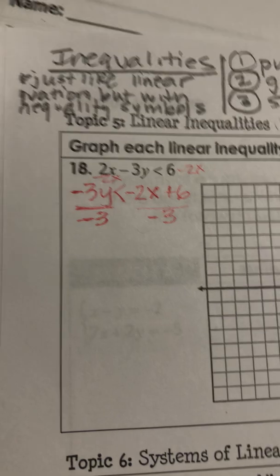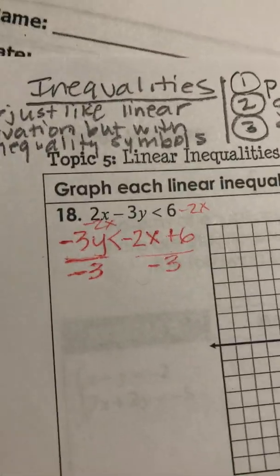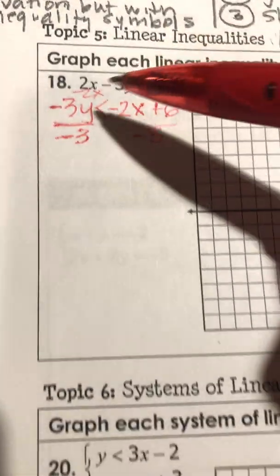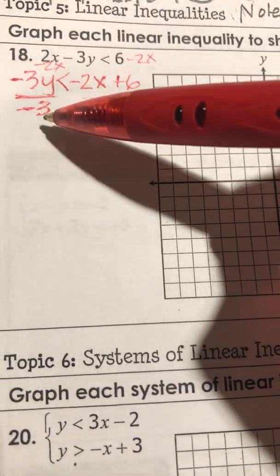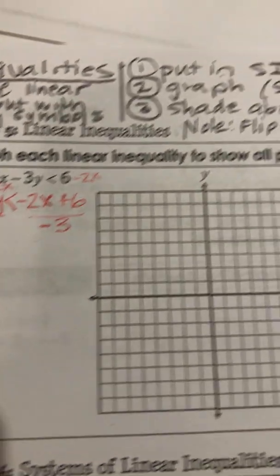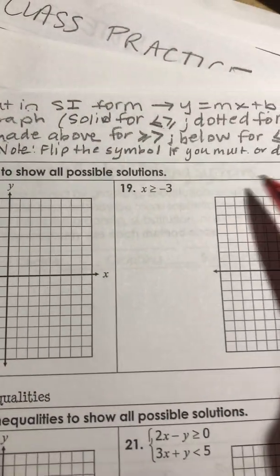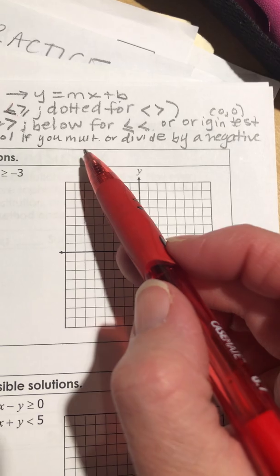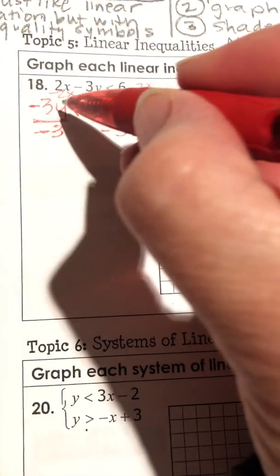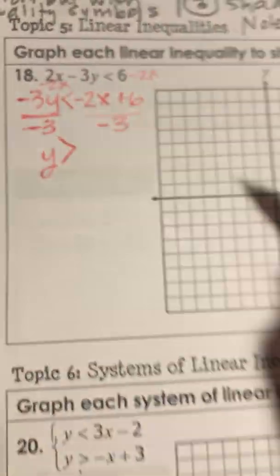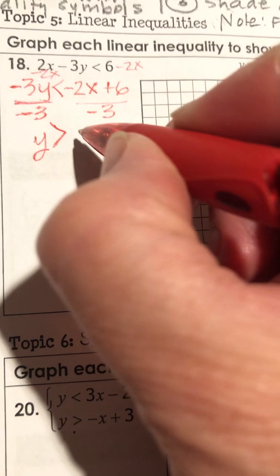Something that's important with inequalities, and I put a tip up here: notice that right now we're about to divide both sides by a negative number. My note says flip the symbol if you multiply or divide by a negative, so this is that in action. Negative 3 divided by negative 3 cancels out, so I have y, but now I have to flip the symbol.